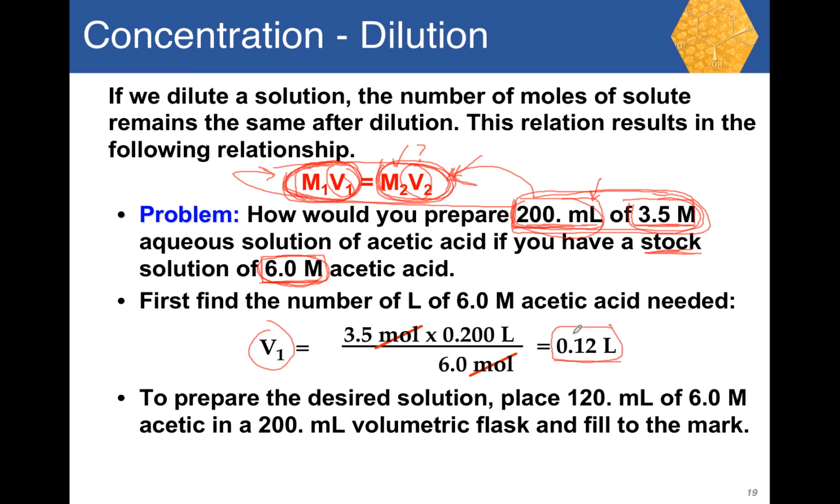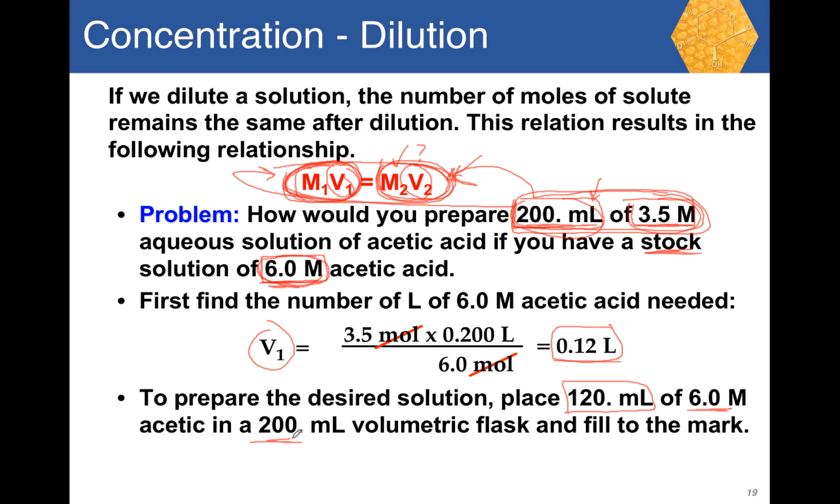So to prepare this solution, you will place 120 milliliters, or 0.12 liters, of our stock solution, 6 molar, in a 200 milliliter volumetric flask, and make up that volume and do the dilution with water. And that's how you prepare that.